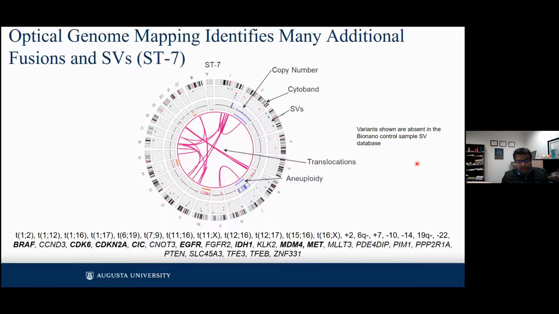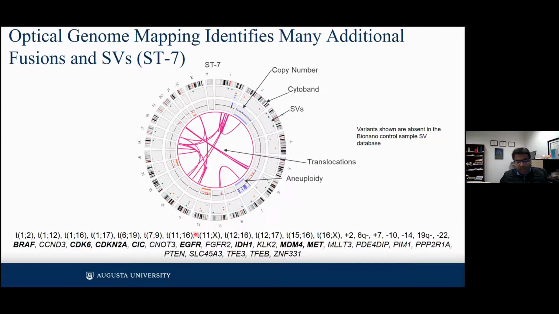And one of the major advantages of using optical genome mapping technology is identification of an amazing discovery, which is impossible on a karyotype or array, which is the fusion.